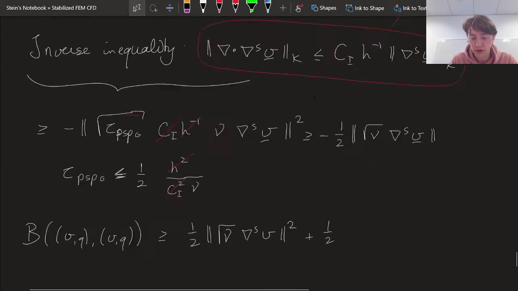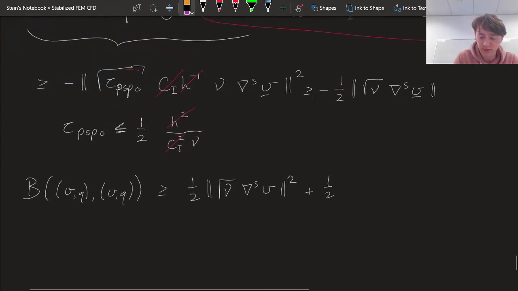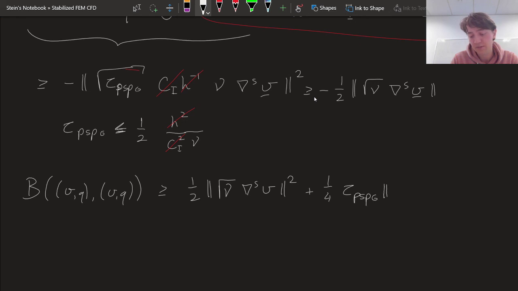So we only have a quarter left of, why do I write half if I'm saying that we have a quarter left? Times the norm of tau PSPG. And we didn't change anything for the LSIC part, so we still have half of tau LSIC times the norm of the divergence of V, squared.